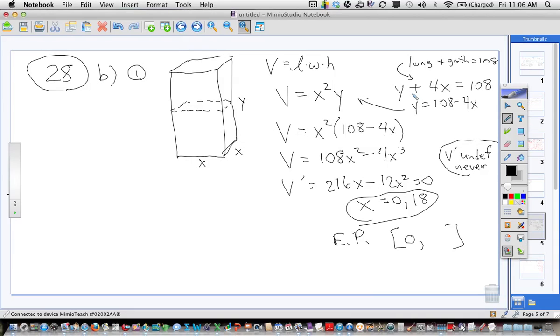Plus, y wouldn't be the long side anymore either, would it? So technically it's even less than 27. If y has to be the long side, then y has to be at least equal to or bigger than x, otherwise it'd be a cube. So it probably wouldn't be right to do 27.